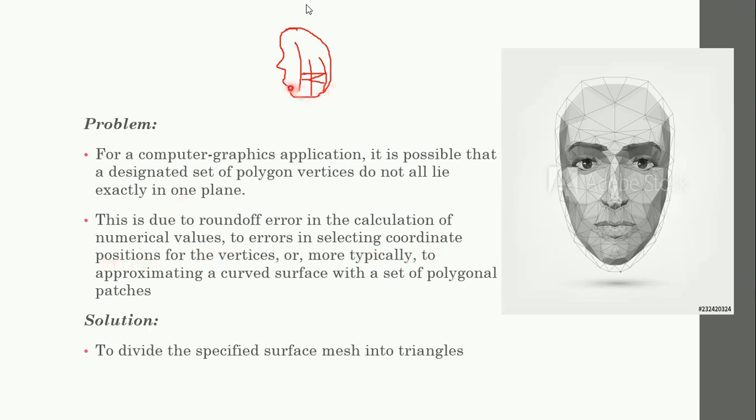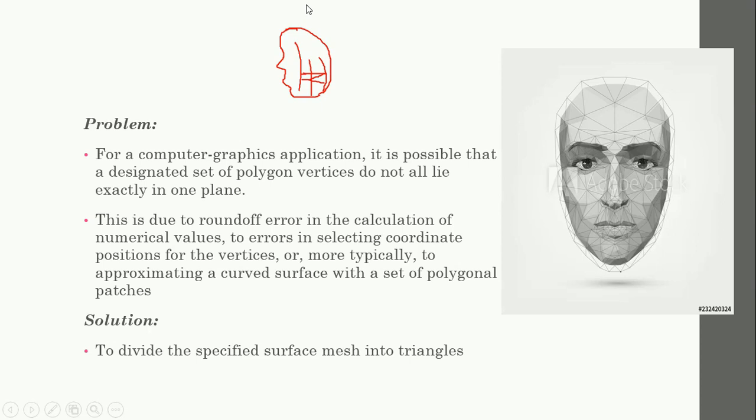So what exactly do we do for these kinds of figures? For example, suppose you want to draw a human face and construct it using polygons. The curved areas can also be shown with the help of polygons. What you have to do is divide the specified surface mesh into triangles.